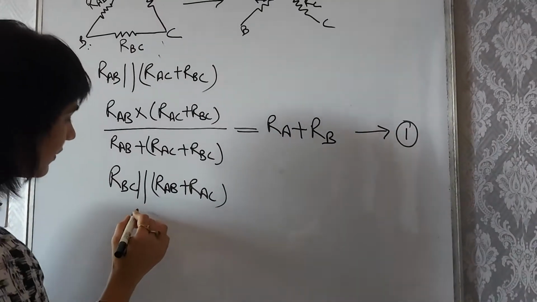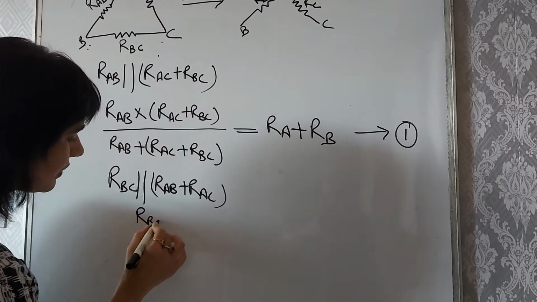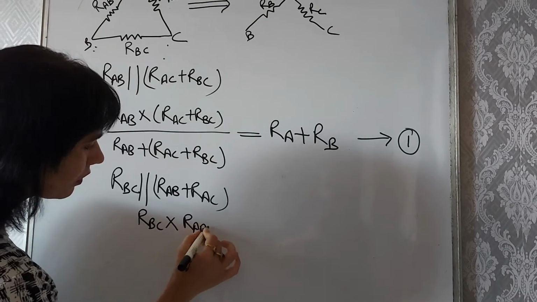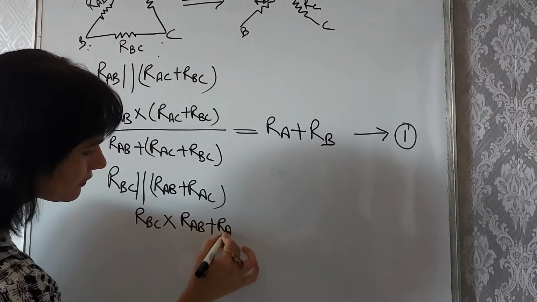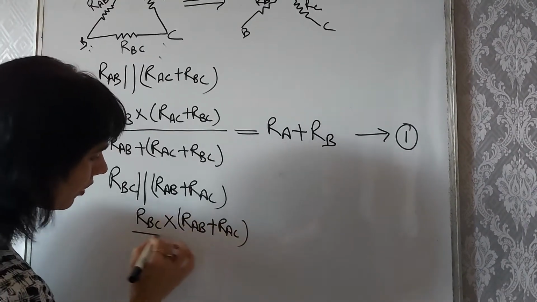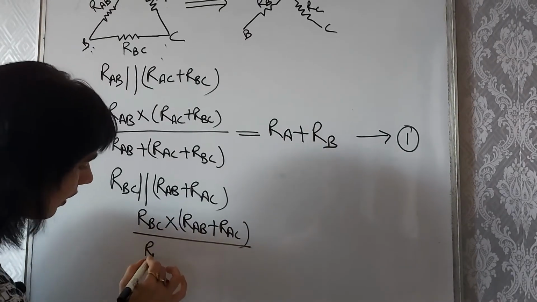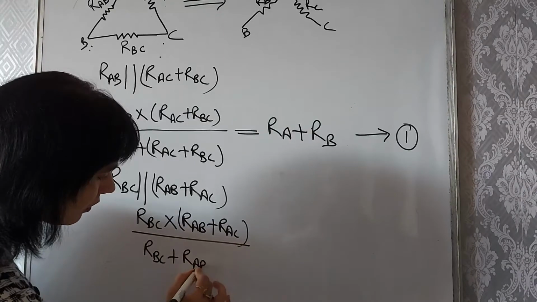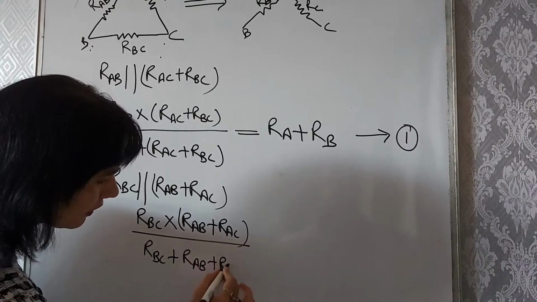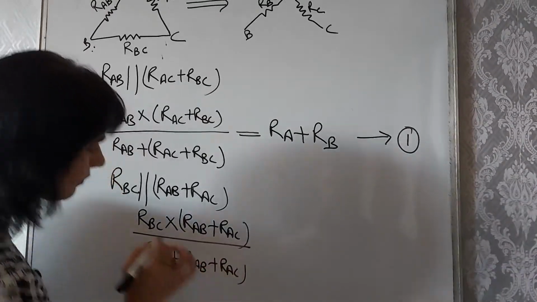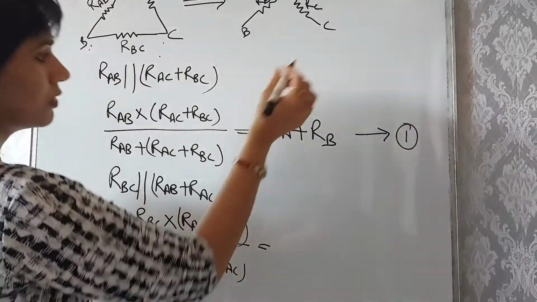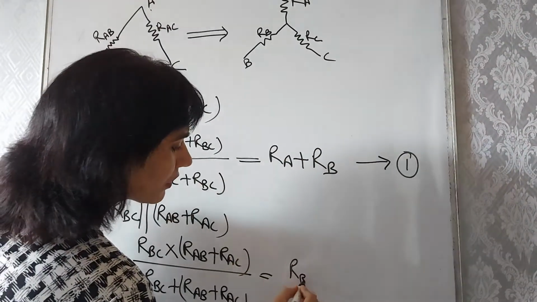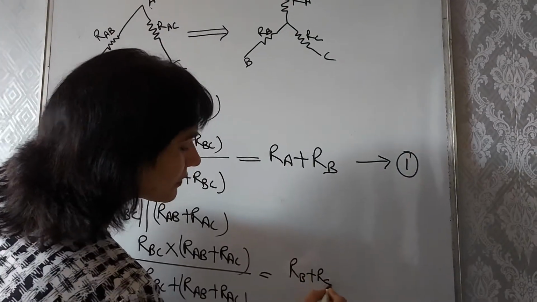It can be written as RBC into RAB plus RAC upon RBC plus RAB plus RAC, which equals the resistance between B and C, RB plus RC.